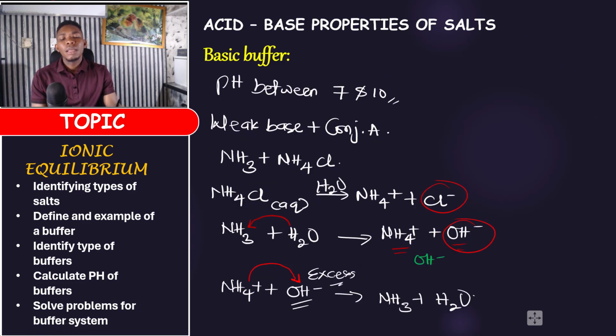Now when you come here, I told you that the weak base will react with the acid. That is the reason why we see that the conjugate acid will react with the base. Now if you look, this is the weak base, ammonia. The conjugate acid is what?